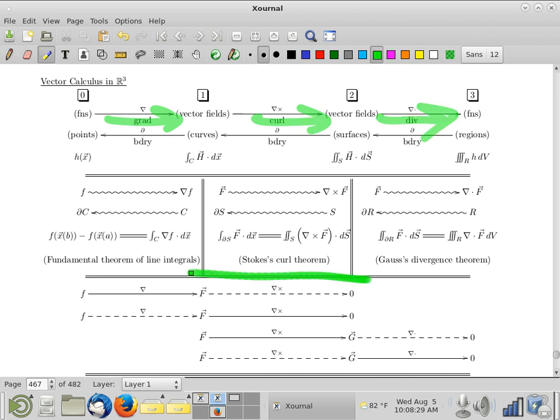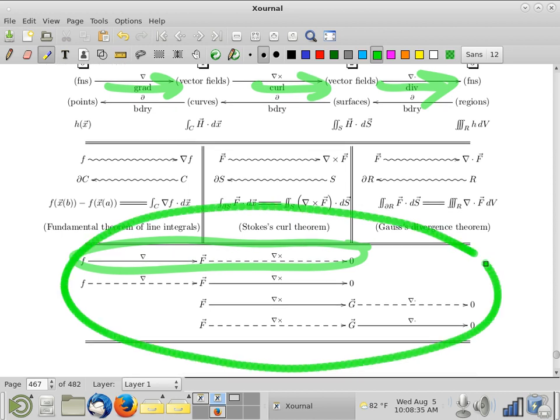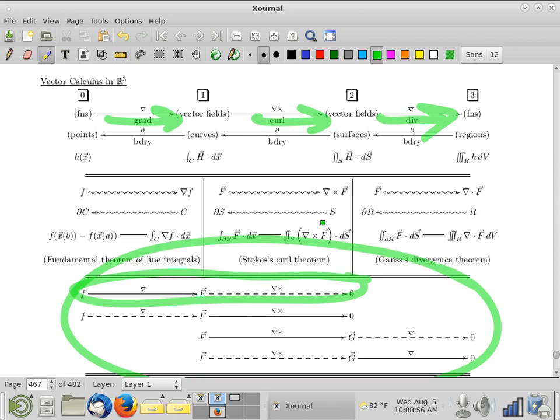They show the relationships between the operators. And they show the analogies between the relationships between the operators. In other words, gradient and curl relate to each other in exactly the same way that curl and divergence relate to each other. So there's an enormous amount of information in the way that this diagram is written down and put together. So take advantage of that.